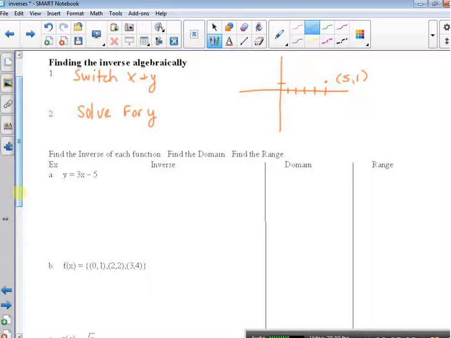If I want to reflect that over the line y equals x, I want the inverse of that point, then I currently have 5, 1.